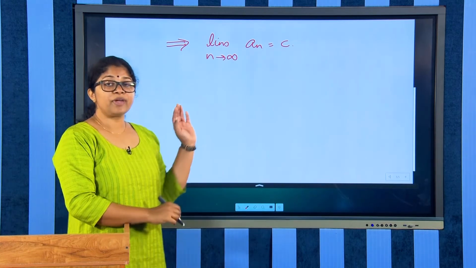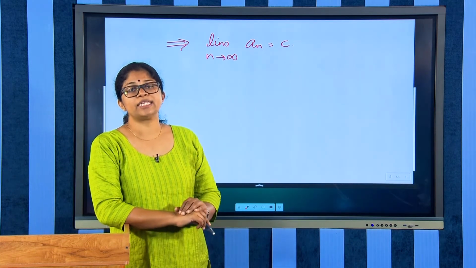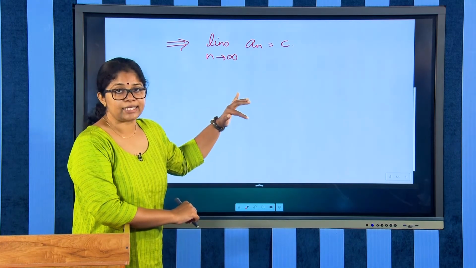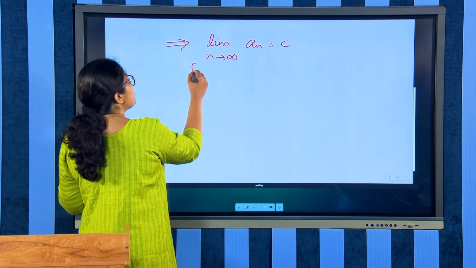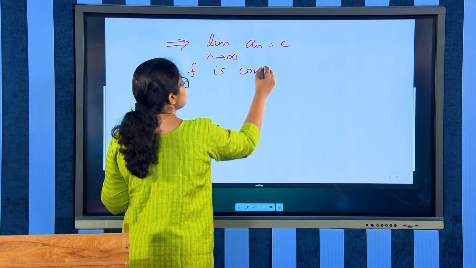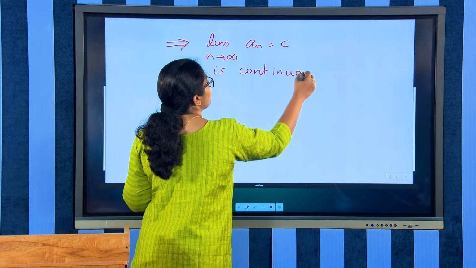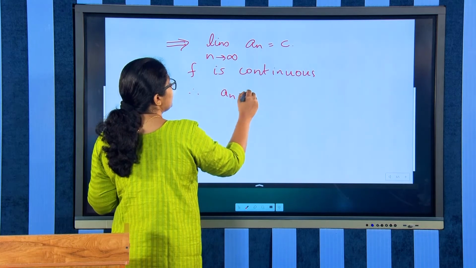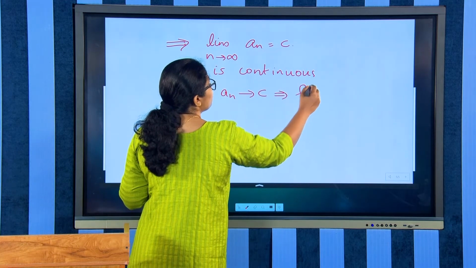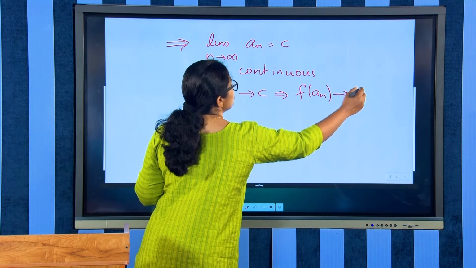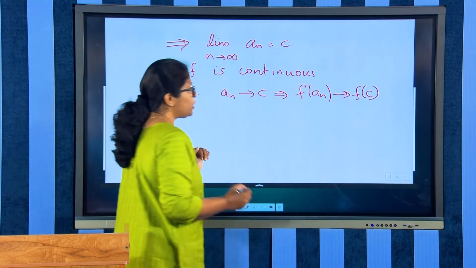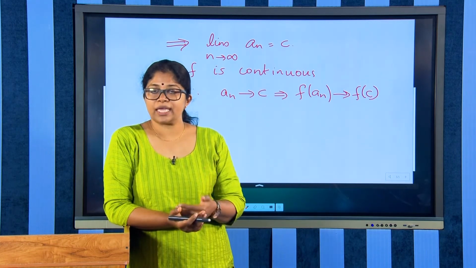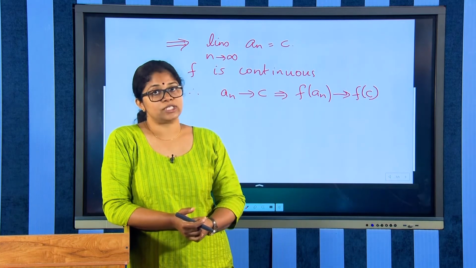Now we are given in the beginning in the statement itself that f is a continuous function. So because of the sequential criteria of continuity, since f is continuous, therefore An converges to C implies f of An converges to f of C. And if you remember, we have studied a result: if we have a sequence of negative terms, it cannot converge to a positive term.